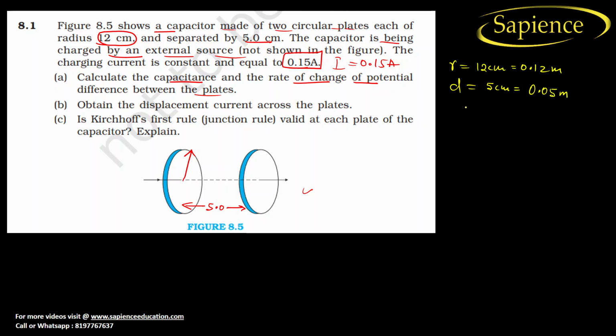The current they have provided is 0.15 ampere. Epsilon naught will be required for solving the problem. This is equal to 8.85 into 10 to the power minus 12 coulomb square newton inverse meter minus 2.